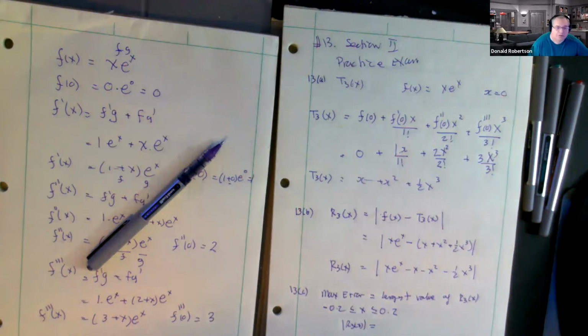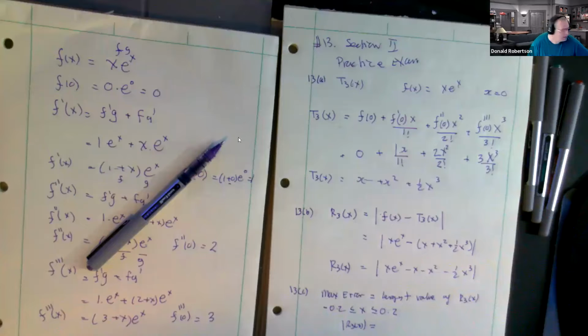Okay, so swing over to Desmos, and we will try and evaluate that remainder function. It didn't load up the way it should have. There we go. We'll try and get that sorted out.